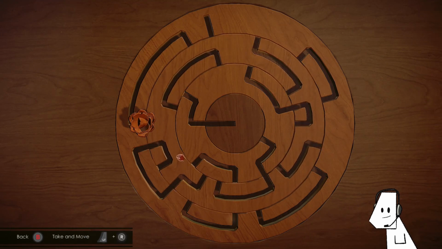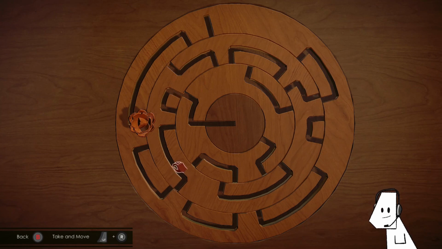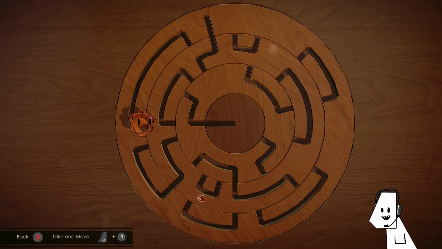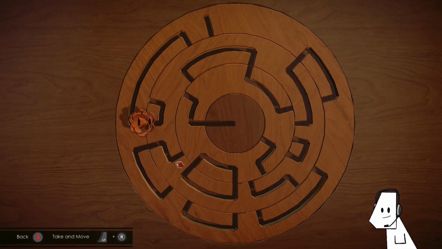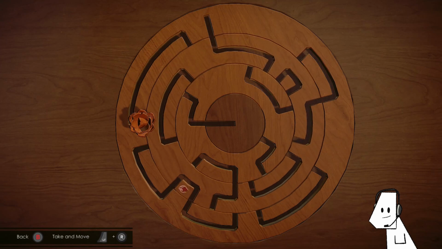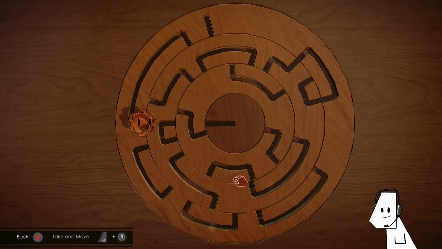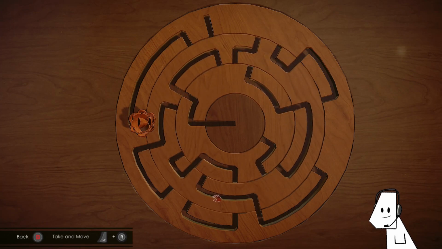Damn it, that doesn't work. I need to get it. None of these come back to... Doesn't look like it, does it? So I need to get it there, basically.